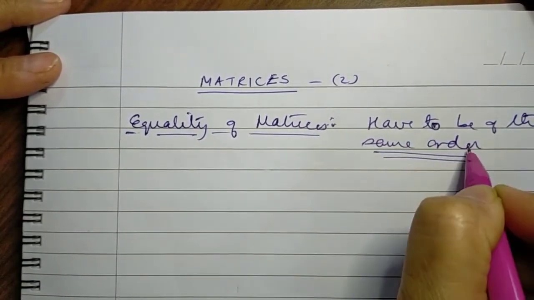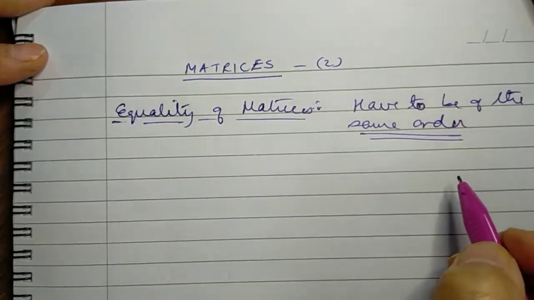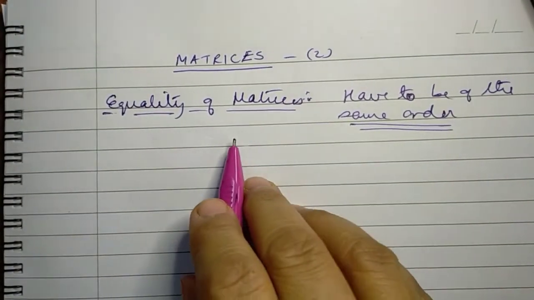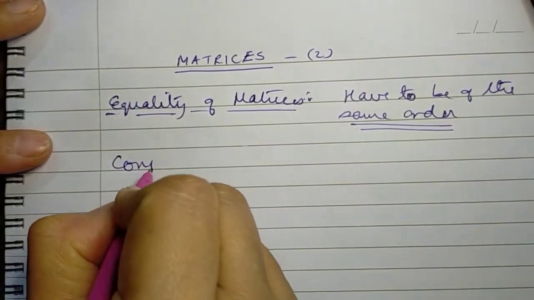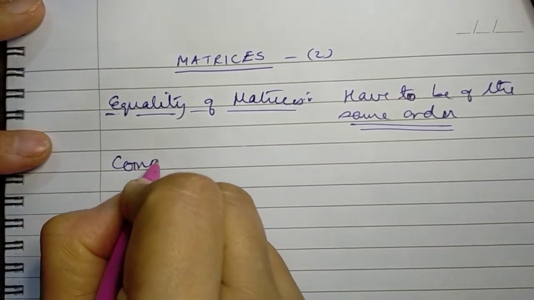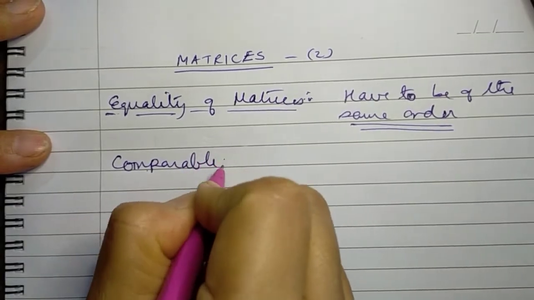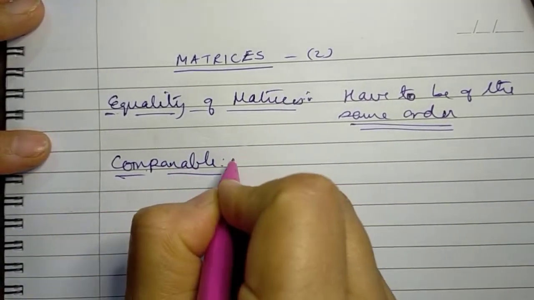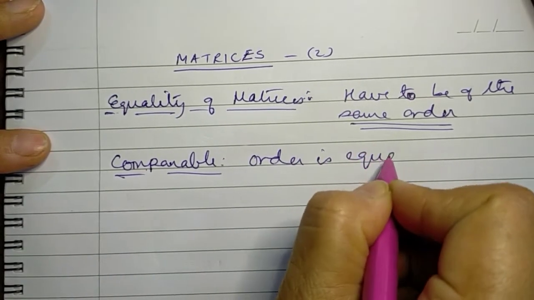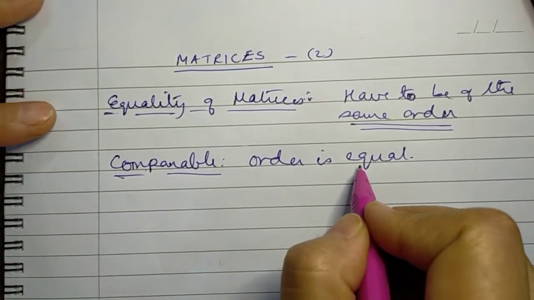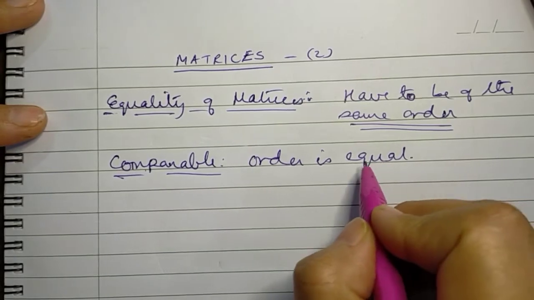This is very important. Only then we can check whether they are equal or not, and such matrices are said to be comparable.